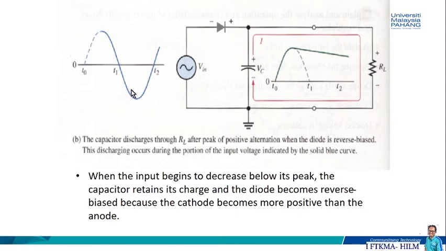In this part, the capacitor is going to discharge. During the remaining part of the cycle, the capacitor can discharge only through the load resistance at a rate determined by the RLC time constant, and this is normally long compared to the period of the input. The larger the time constant, the less the capacitor will discharge.